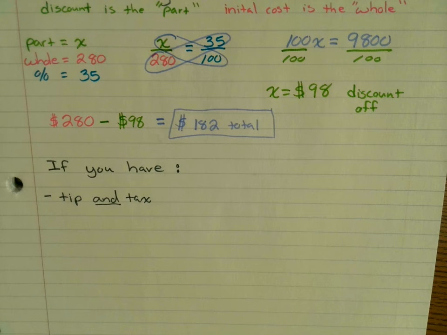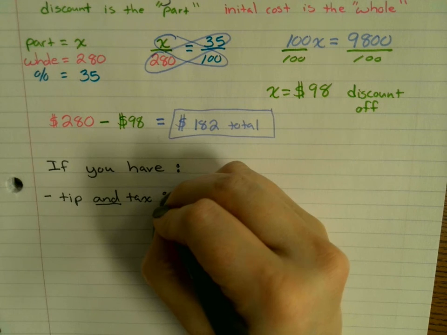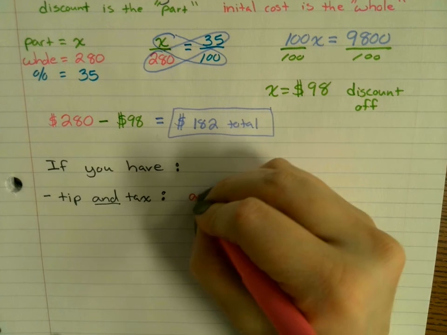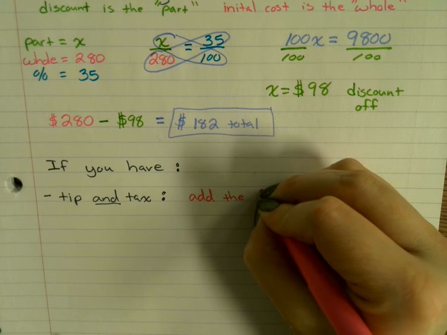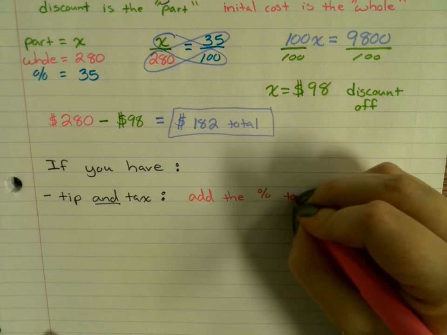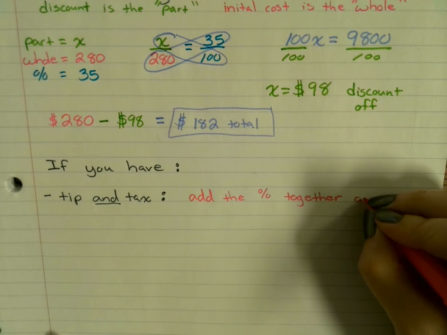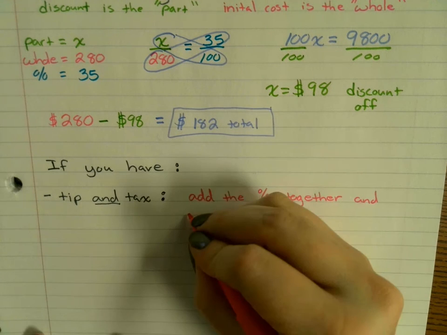So you're paying tax and tip. When you pay taxes and you're tipping, all you have to do in this case is add the percentages together. And then work it out like normal.